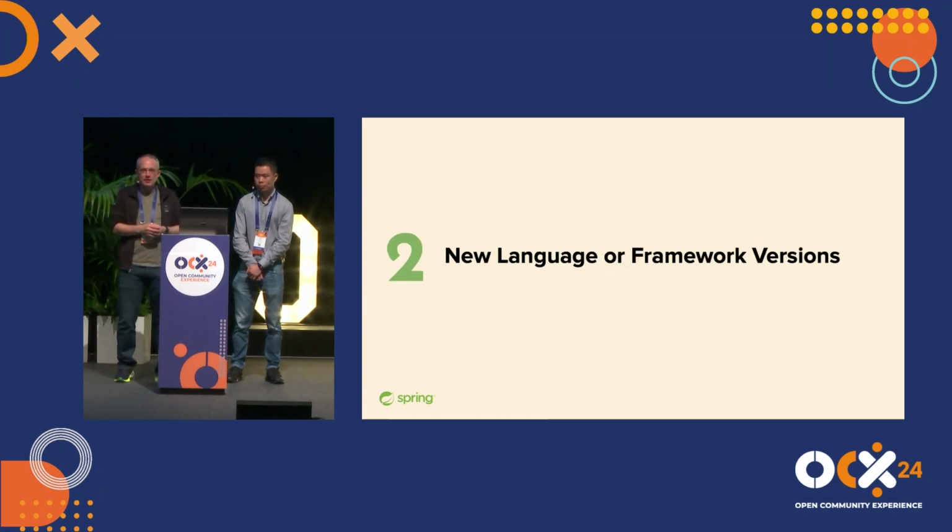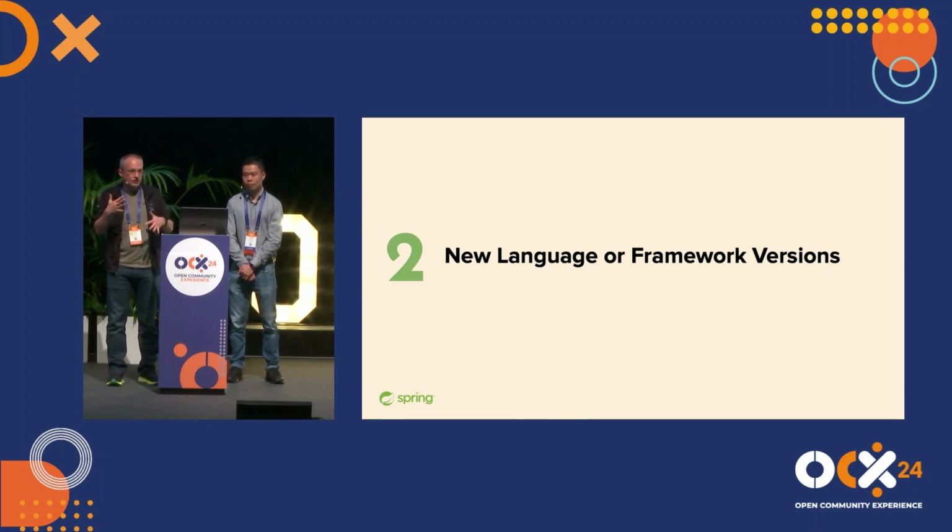And then the other interesting challenge is new versions of stuff, right? So you know Spring Boot is coming up with a new version of Spring Boot all the time, sometimes minor versions, sometimes major versions, and that means usually that those changes should result in different code being generated.